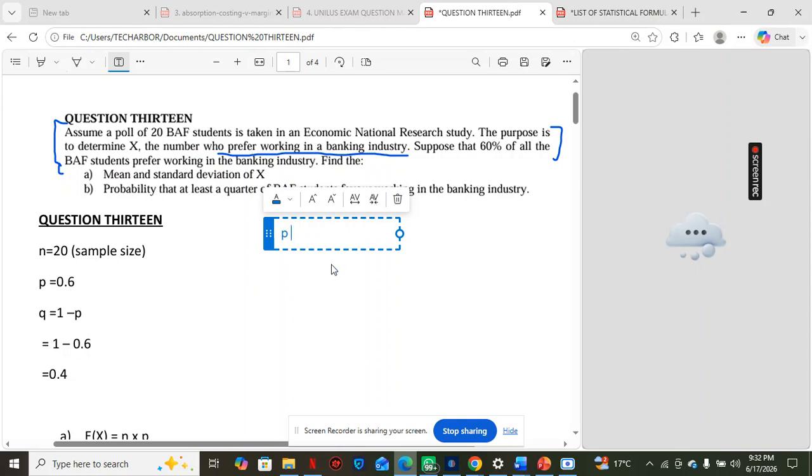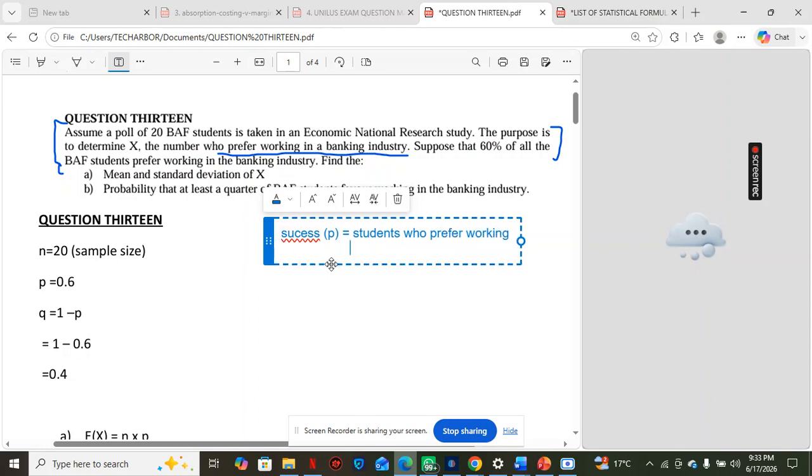So we have to get our data straight. P is the probability of a success. Because remember, there are only two outcomes. These outcomes represent either a success or a fail. In this case, we're trying to find out students who prefer working in the banking industry. So a success, which is denoted as P, is students who prefer working in the banking sector.